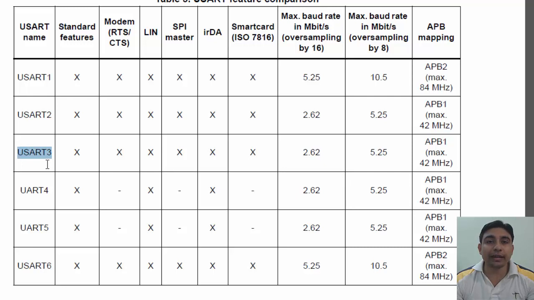Okay, so now we have decided which USART or UART to use. Next, we have to find out which microcontroller pins we can use as USART3 transmitter and which pins we can use as USART3 receiver. Let's find that. Now go to page number 45.